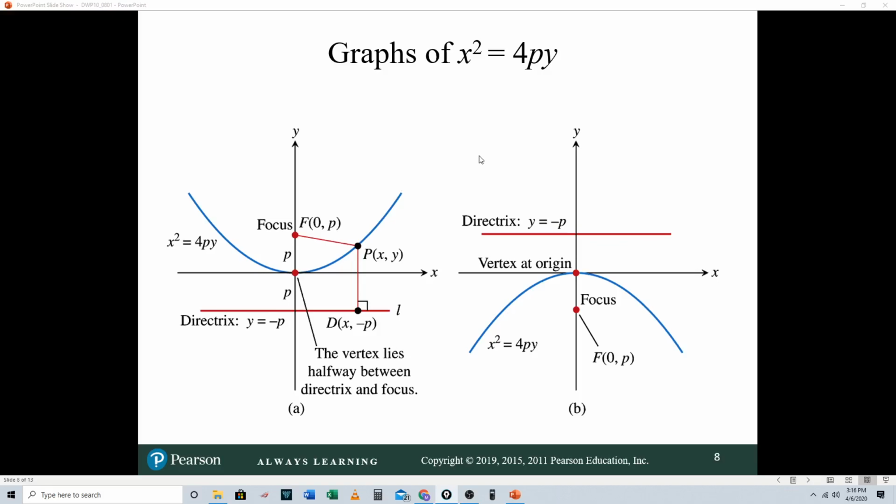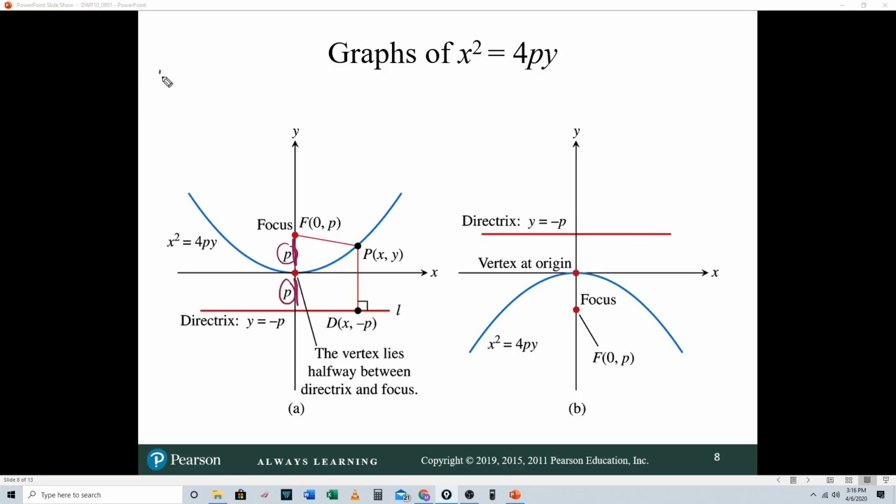Now, the importance of p: p is the distance from the vertex to the focus and the distance from the vertex to the directrix. This distance right here is p, same as this distance here.